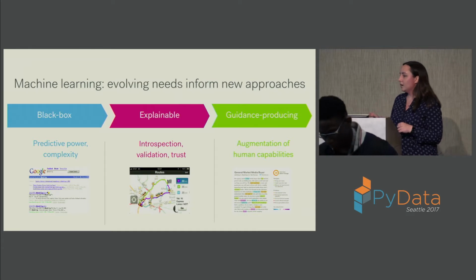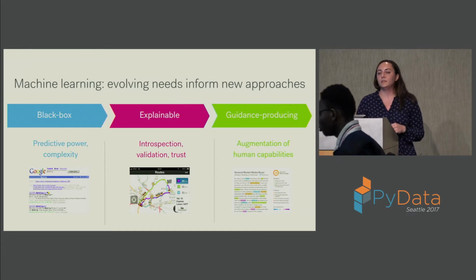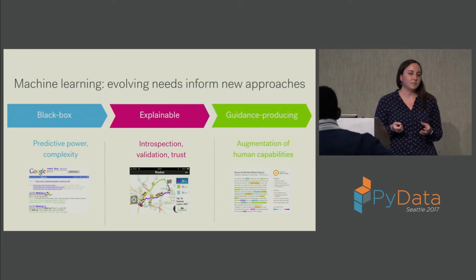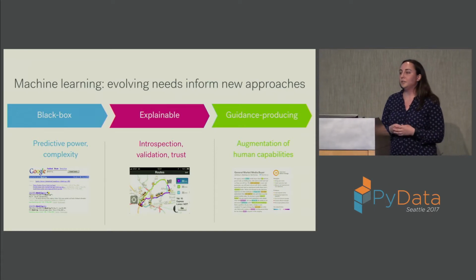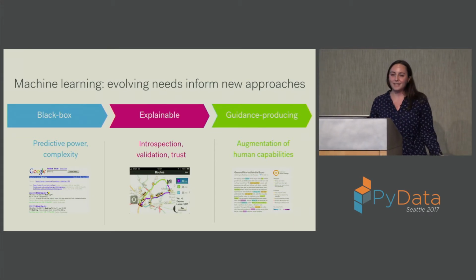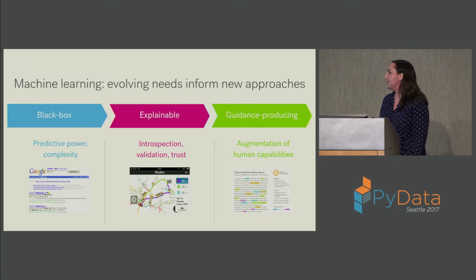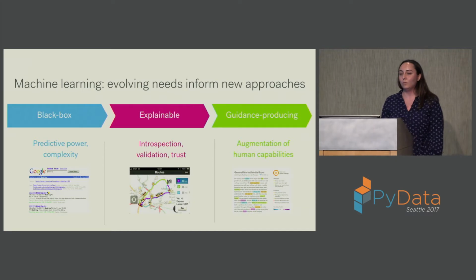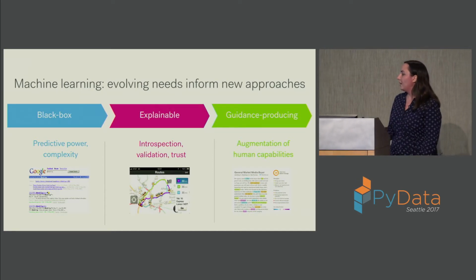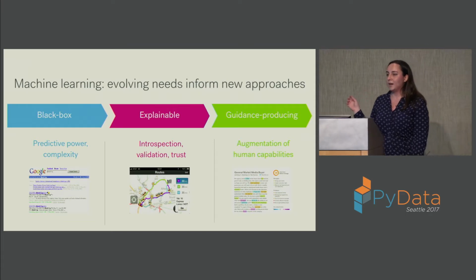But then when we start to apply machine learning to scenarios where the risk of making a bad recommendation is much higher, then we start to have a requirement for our models to be explainable. And I'm using Waze as an example here because it's an app that we probably all have on our phones. So when you see Waze's recommendation about what route you should take, there's a lot of information in there about some of the reasons why it's recommending that route.